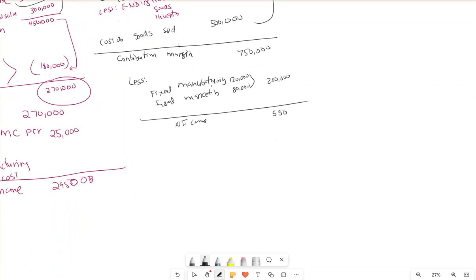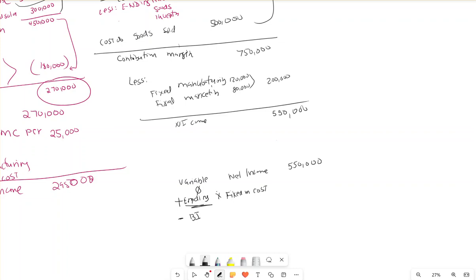So we needed to balance it. My variable net income, we just calculated it, is 550,000, and we add the ending and we minus the beginning. So we add the ending units multiplied by the fixed manufacturing cost. In this case, our ending is 0, and anything you multiply by 0 will be 0.